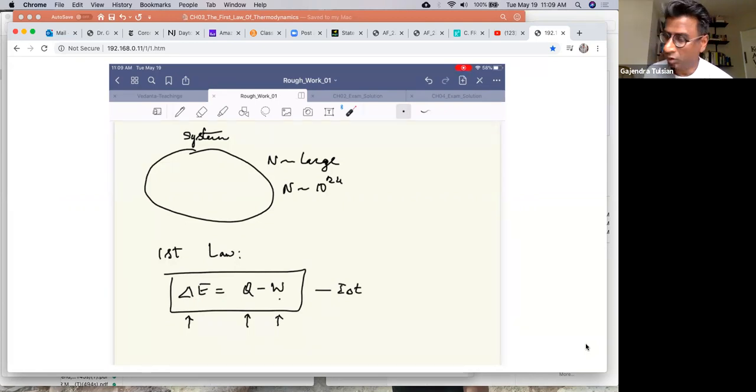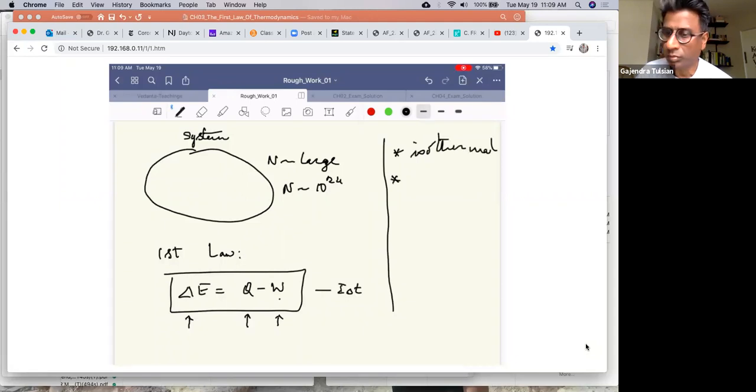So we'll look at 4 different processes for an ideal gas: an isothermal process, an isobaric process, an isochoric or isovolumetric process, and an adiabatic process.